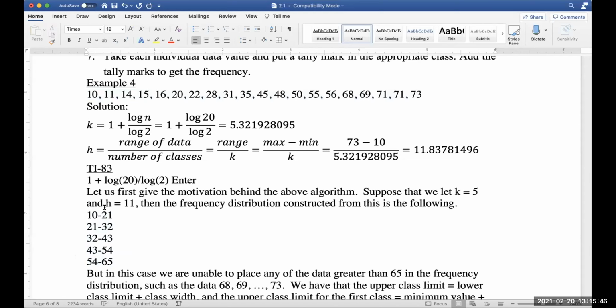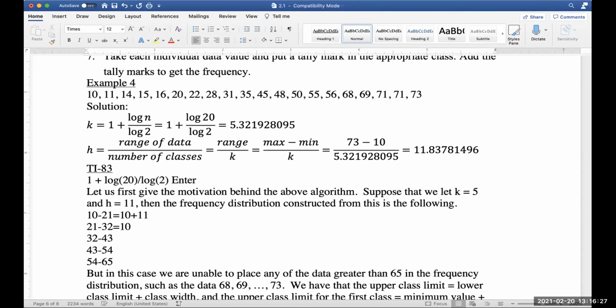Let's start at 10. That number here is just 10 plus 11, which is 21. So I start at 10, I add 11 to get 21. Now, how do I go from 21? At 21, I add 11 to get 32.